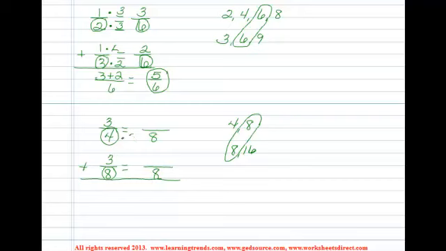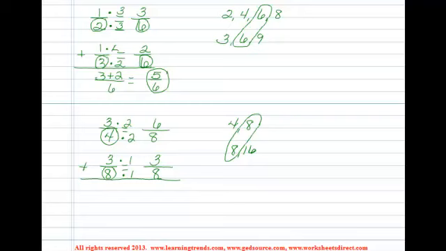And 4 times 2 equals 8, and 3 times 2 equals 6. 8 times 1 equals 8, and 3 times 1 equals 3. So 3/4 is equivalent to 6/8, and 3/8 stays the same as 3/8.